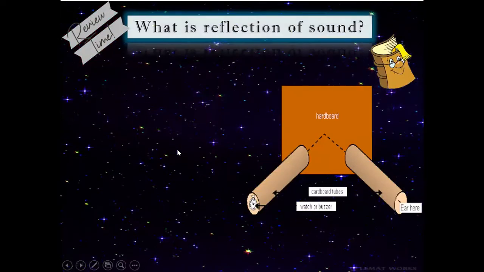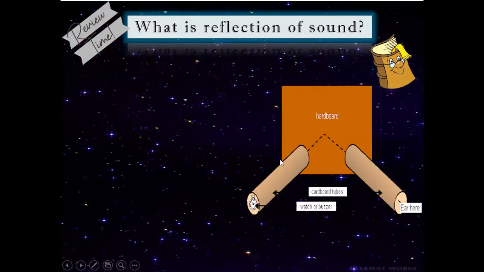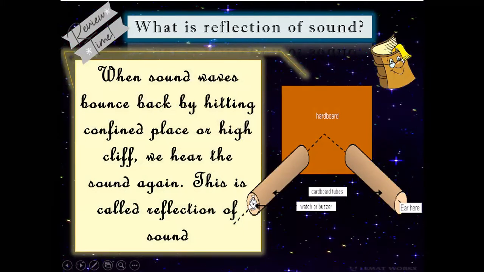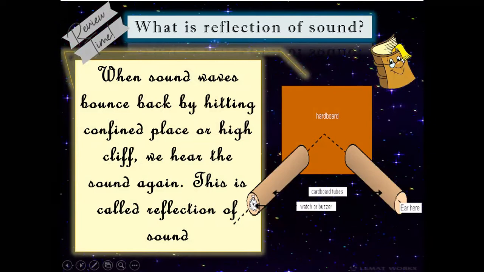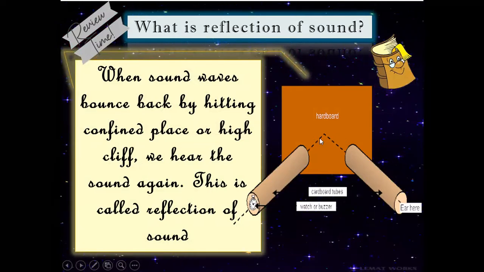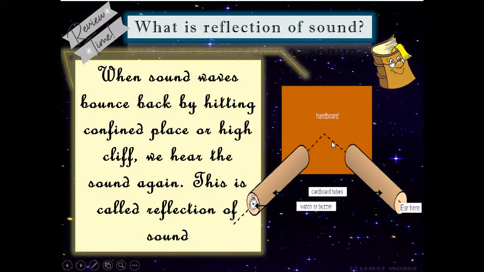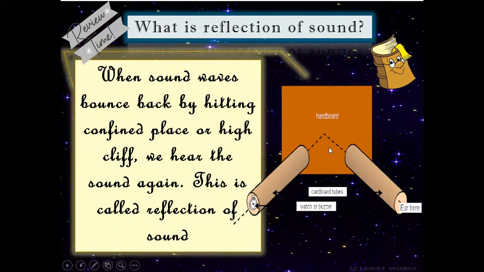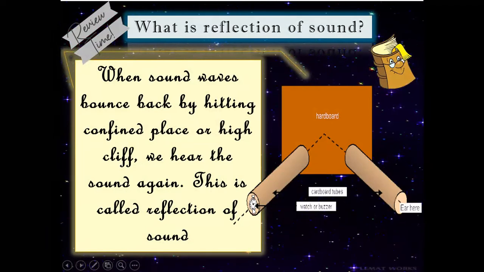Now we come to our lesson, reflection of sounds. You can see we have two papers folded like this. We put the watch inside it and then listen from the other side. If it has a good angle of incidence and angle of reflection, meaning the same angle of incidence and the same angle of reflection, we can hear the sound of the watch, and it is due to reflection.